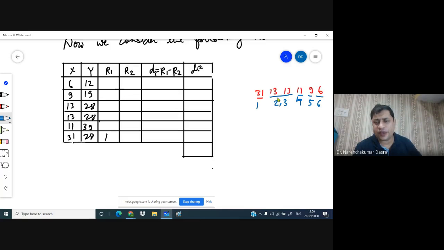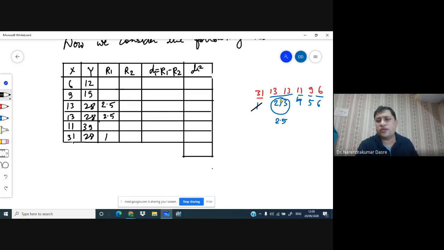Now here we cannot decide which is going to be the second and which the third, and that's why we have to award the average rank to both these observations. So the average of 2 and 3 will be 2.5, and hence we award 2.5 to both.